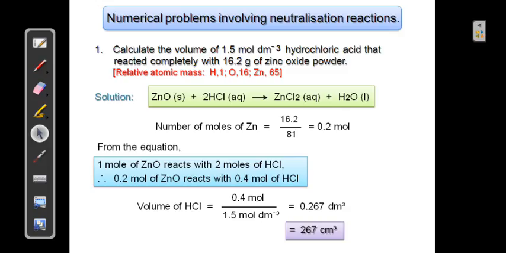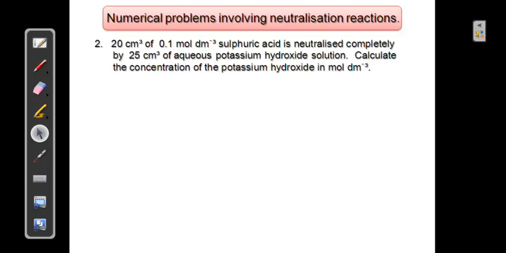Number 2. Now 20 cubic centimeter of 0.1 mole per cubic decimeter of sulfuric acid is neutralized completely by 25 cubic centimeter of aqueous potassium hydroxide solution. Now they want to calculate the concentration of the potassium hydroxide in mole per cubic decimeter.